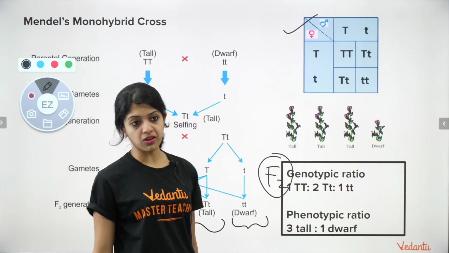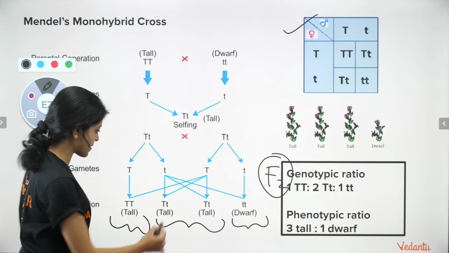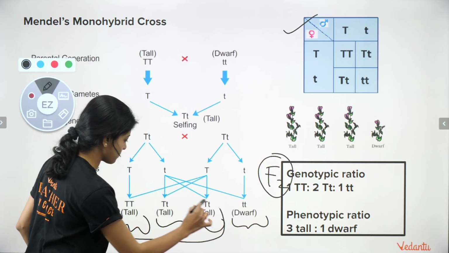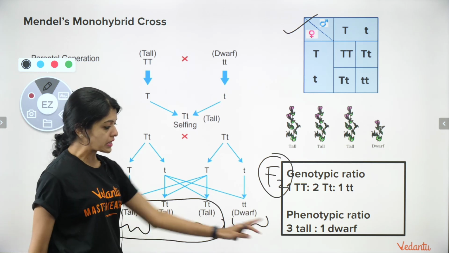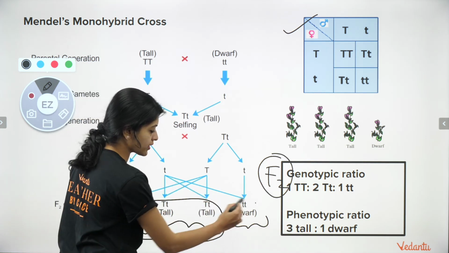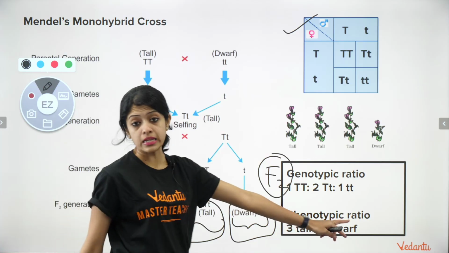And the phenotypic ratio would be what you externally see. These are all together tall, which means 3 tall, and this one alone is a dwarf plant, which means 1 dwarf.